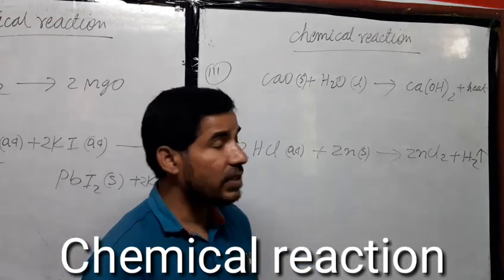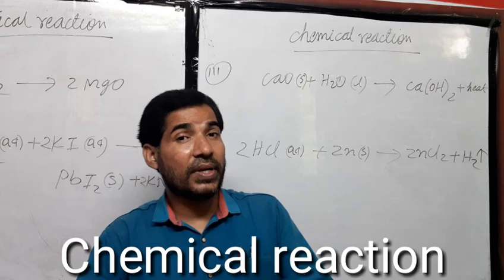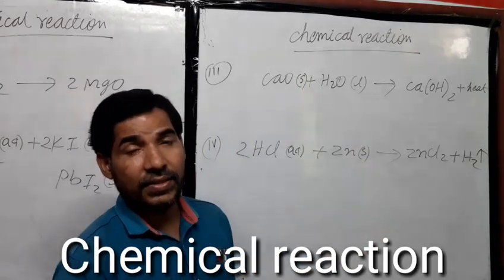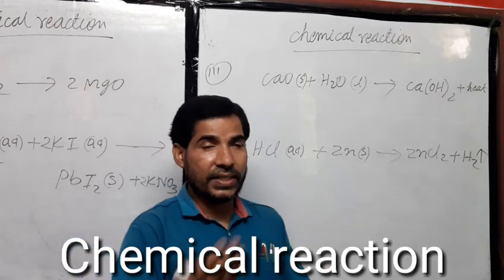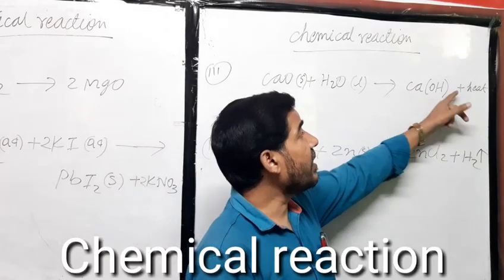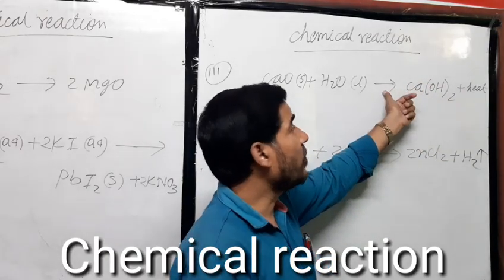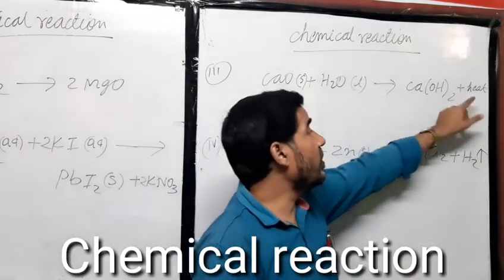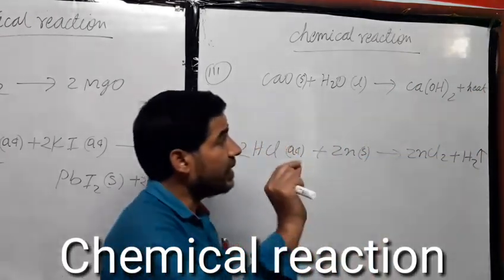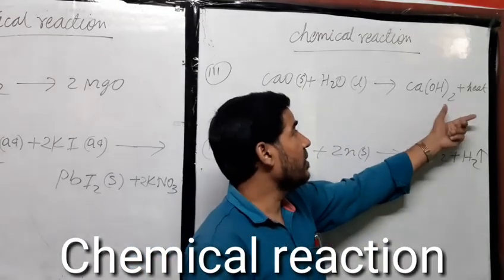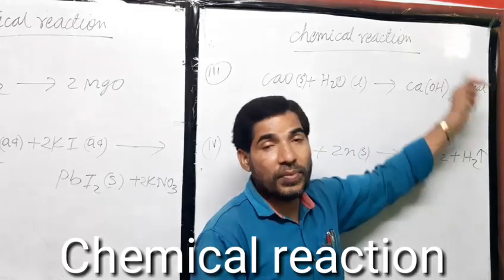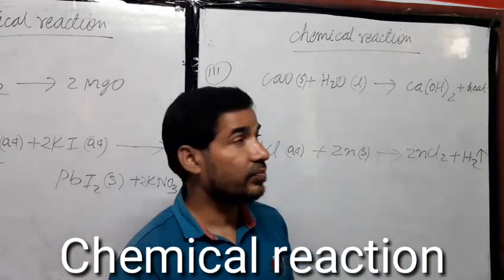So how will you identify which chemical reaction is exothermic and which is endothermic? Listen, in the chemical equation written for a chemical reaction, if heat is written with a positive sign on the right hand side of the arrow, it will be an example of an exothermic reaction.